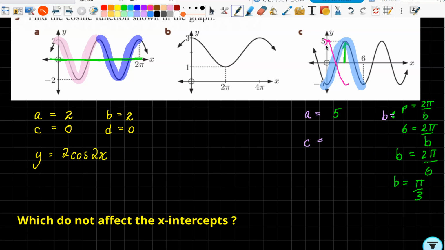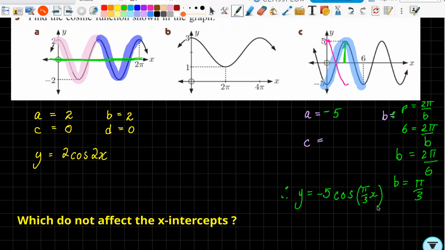What makes the graph go downstairs? Negative. So I can come back here and I can write that as negative. So we've therefore got y equals minus 5 cos, what did we say? Pi on 3. Pi on 3x.